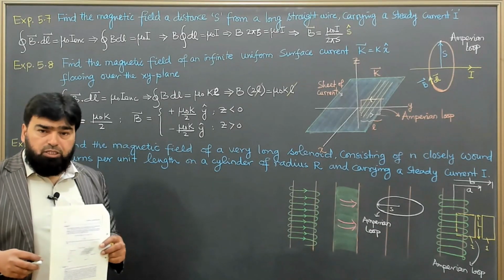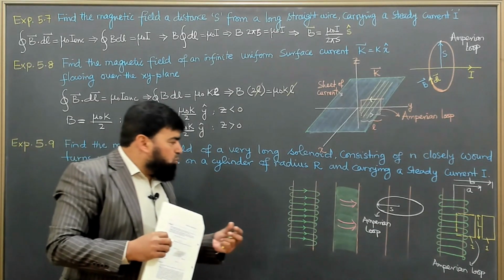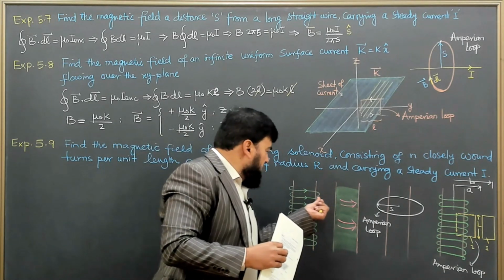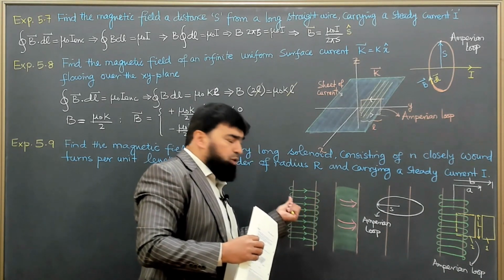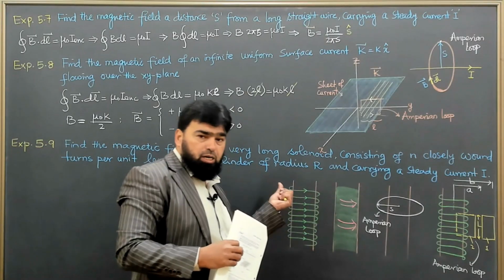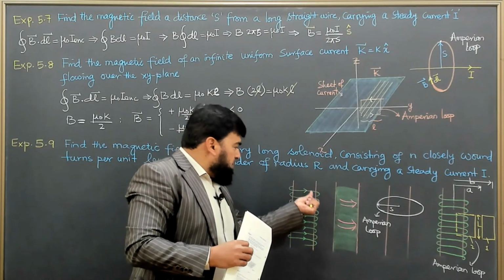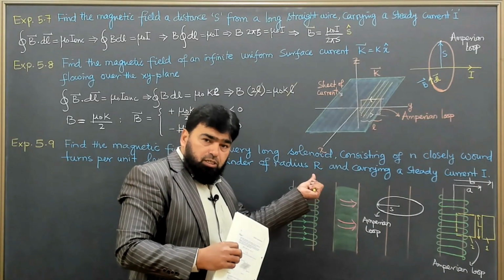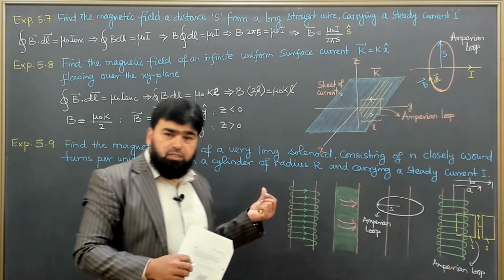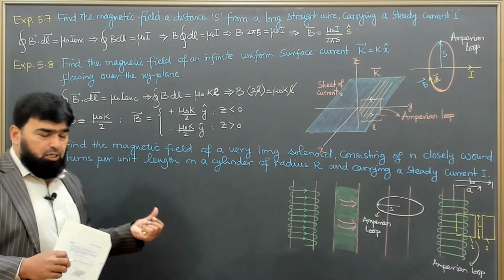Now all the current is going around this solenoid, this cylinder, but what about its current in the direction of the axis of the solenoid?